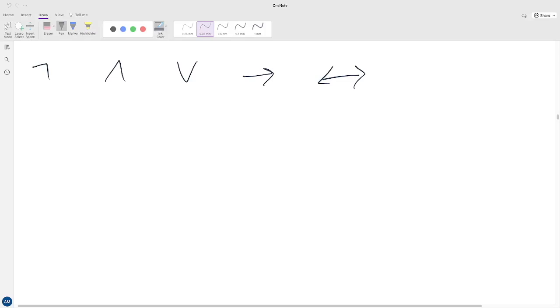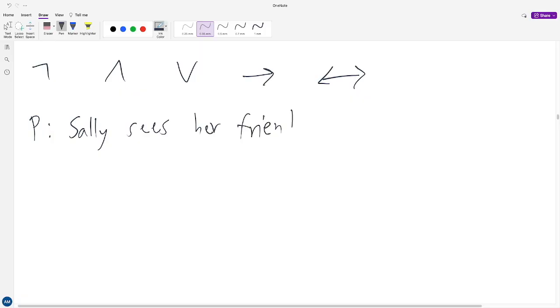All right, so let's say we have 4 atomic statements, P, Q, R, and S. So let P be the statement Sally sees her friends. She gets to hang out with her friends. And let Q be the statement Sally has a soccer game.